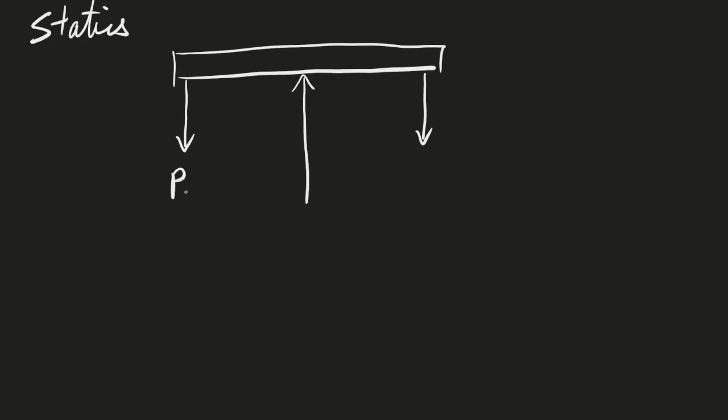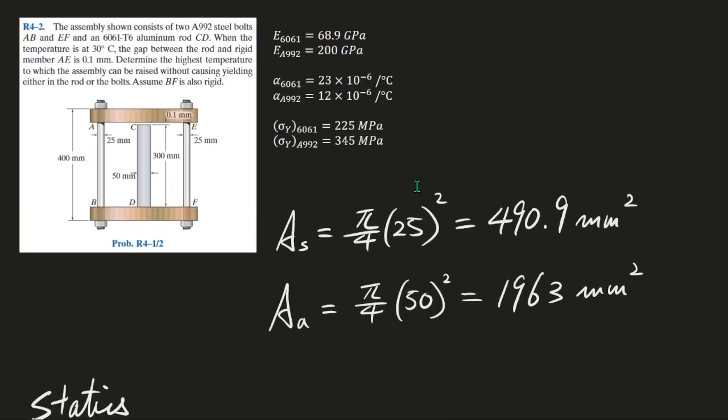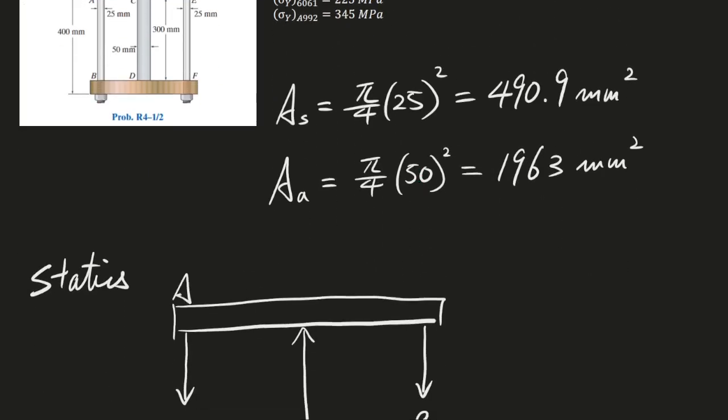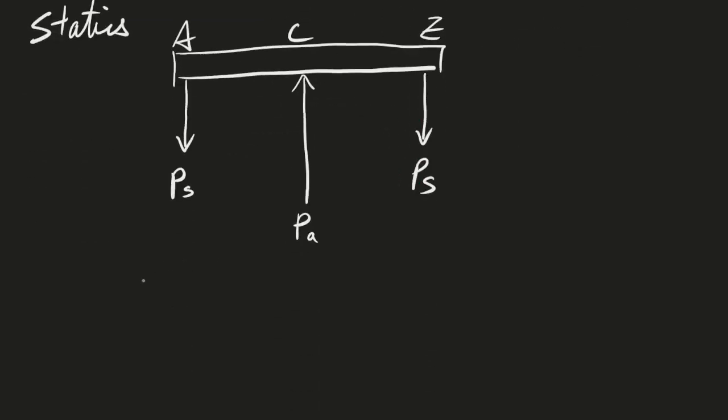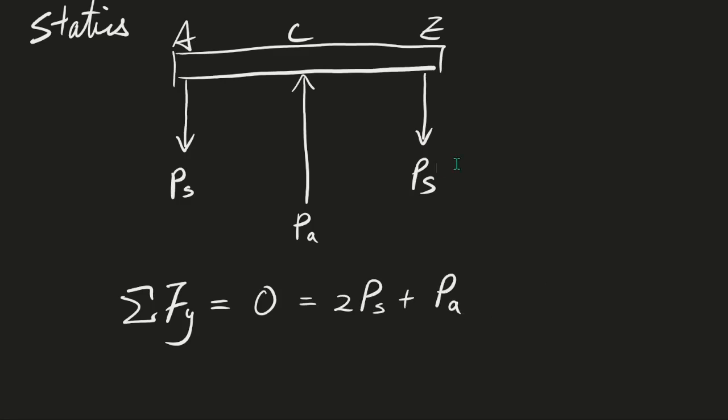So this is the stress in steel and the stress in aluminum, and this is acting on bar ACE. So from this, we know sigma y will be equal to 0, which is twice PS plus PA.